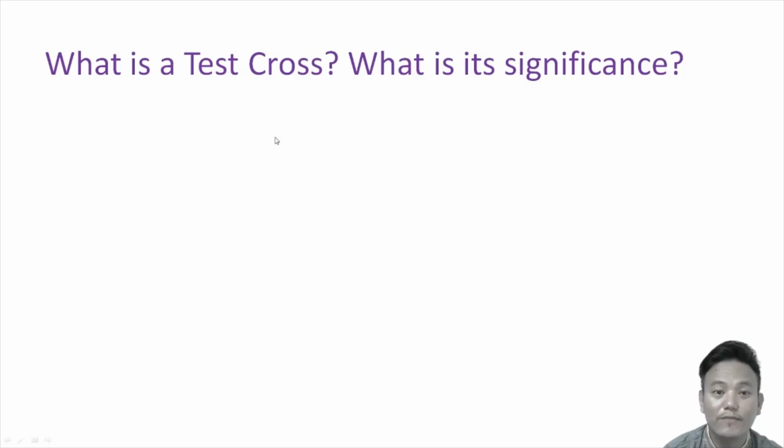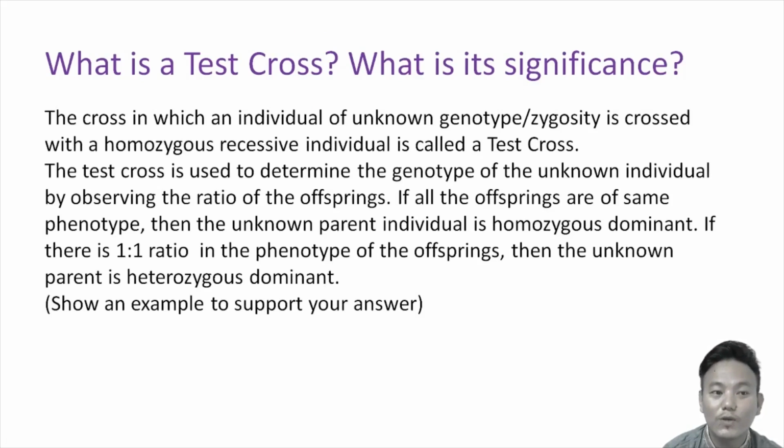So in summary, I will answer this particular question: what is a test cross and what is its significance? The test cross is the cross in which an individual of unknown genotype is crossed with a homozygous recessive individual. The cross is used to determine the genotype of the unknown individual by observing the ratio of the offspring.